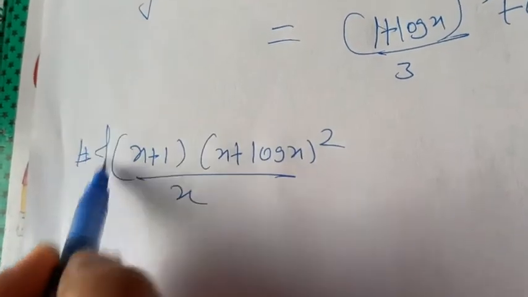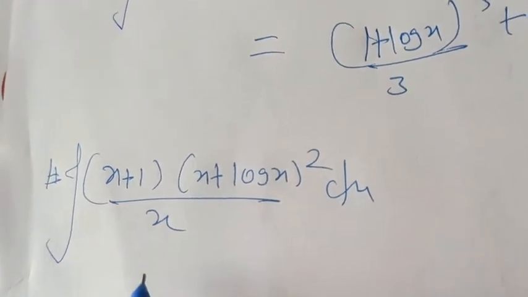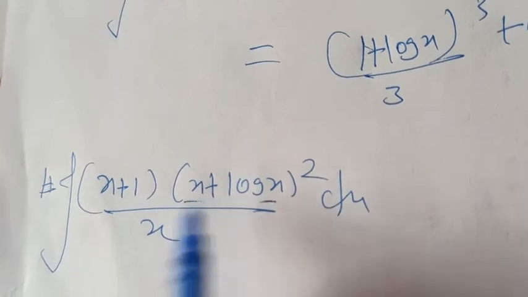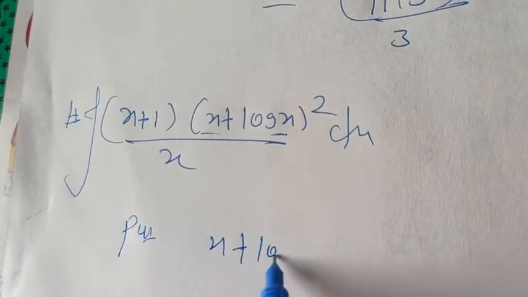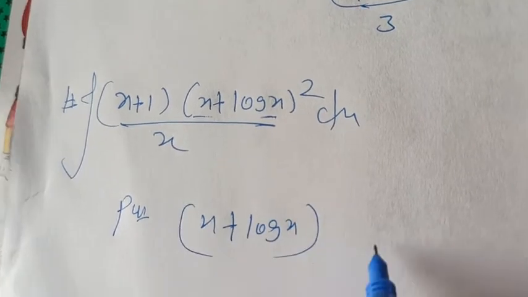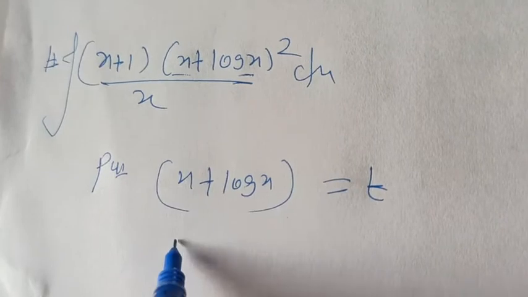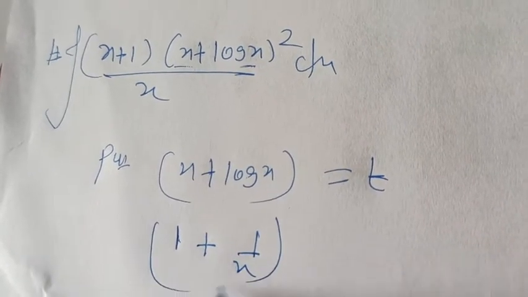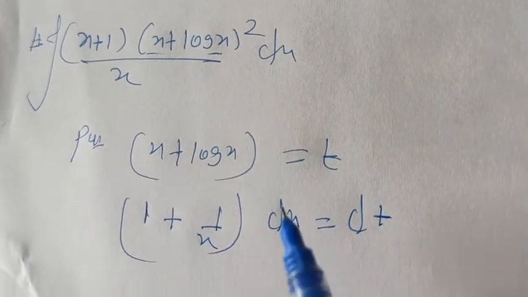Another important question: you have to look for function in derivative form. If I put x plus log x as t, what is your derivative? 1 plus 1 by x dx is equal to dt. But this is not my requirement.